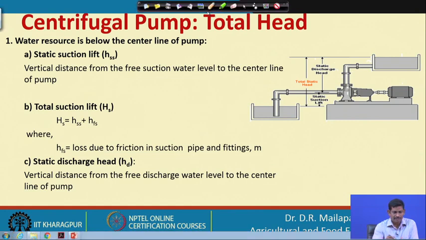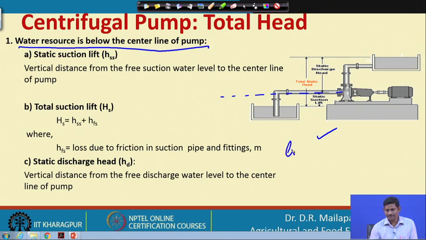That is, the water source is below the center line of the pump. Here, if you see, the center line of the pump is above, and it has a static suction lift. Since the water is below the pump center line, we use the term lift. If it is above, we use the term head.